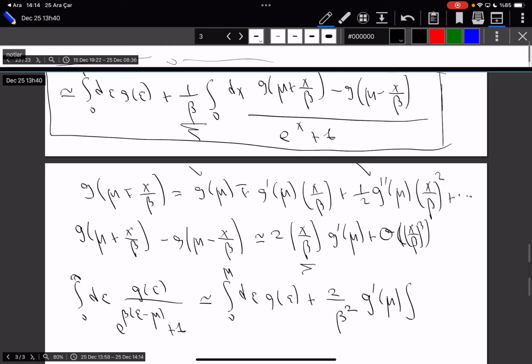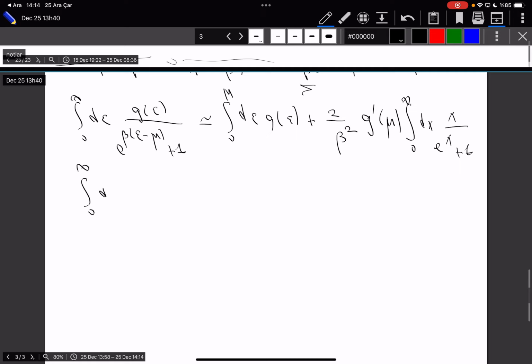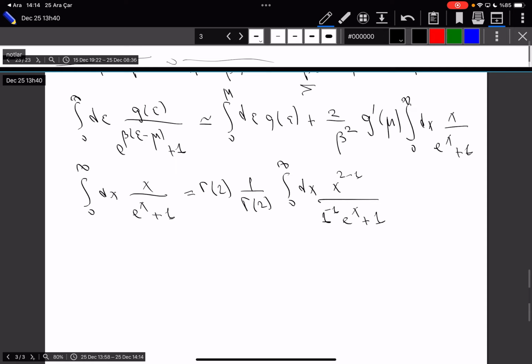And then we have the integral of x over e to the power x plus 1, from 0 to infinity. So that integral is 1 over gamma 2 times the integral from 0 to infinity of x to the power 2 minus 1 divided by the inverse of e to the power x plus 1. The reason why I write it in this fancy form is that this function is what we call f2 of 1.